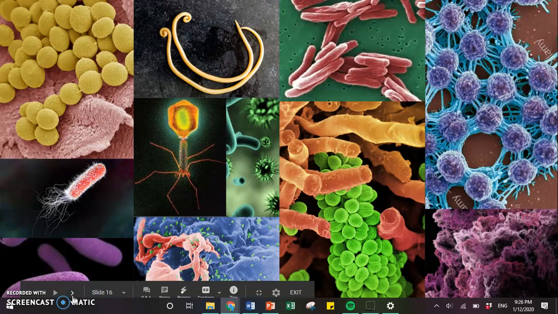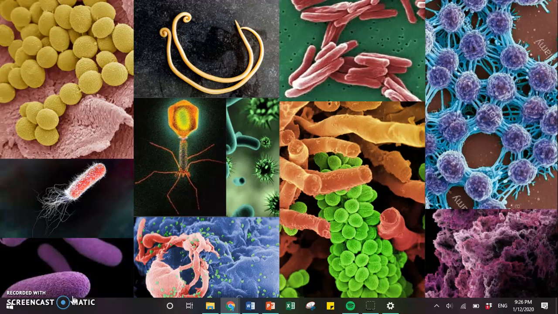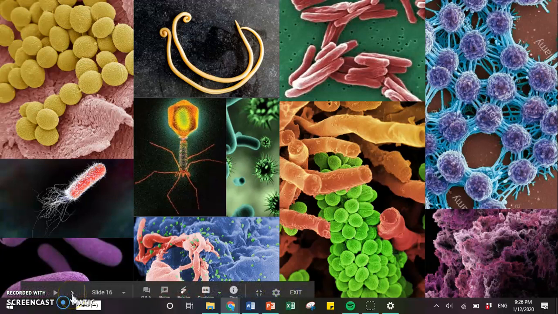I think this is one of the really fun parts of biology: more so than other sciences, we have some really cool images. Most of these are either animations or electron microscopy images of some of the pathogens we're talking about, and they're really beautiful.